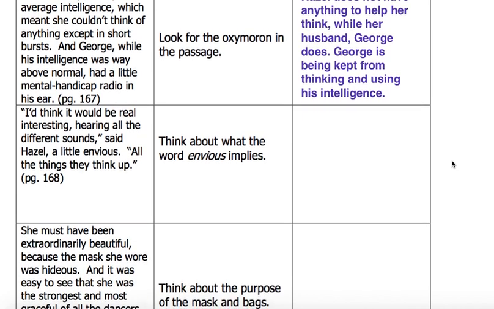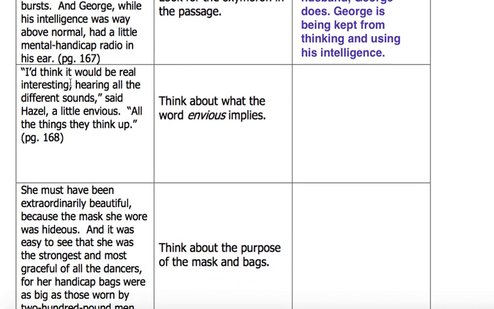The next passage that you have, it says, "I'd think it would be real interesting hearing all of the different sounds," said Hazel, a little nervous. "All the things they think up." So this is coming from the part where George complains that those neurotransmitters are going off in his head. It's when Hazel was saying how it would be really nice if she could be a ballerina, that the newscaster did a very good job, even though he wasn't able to articulate his words.